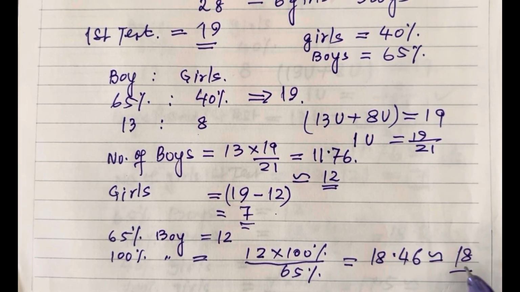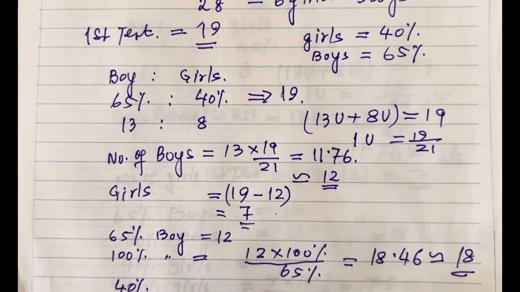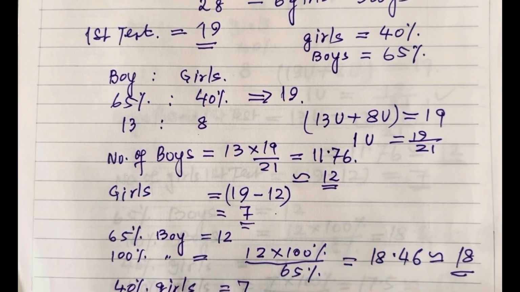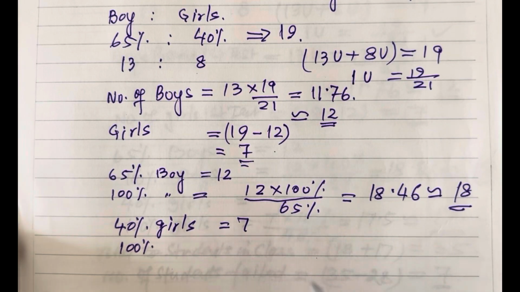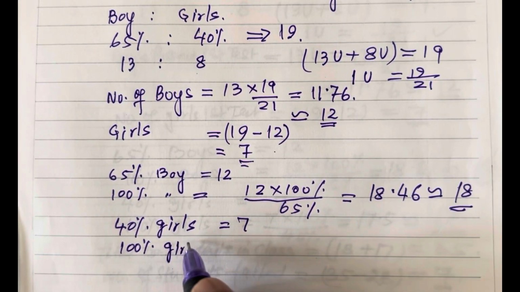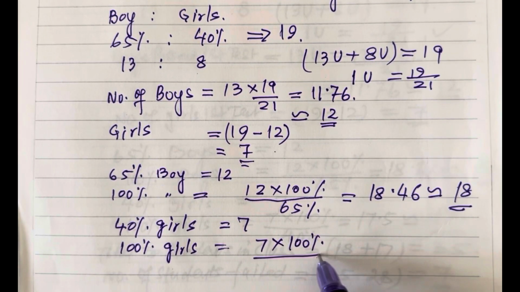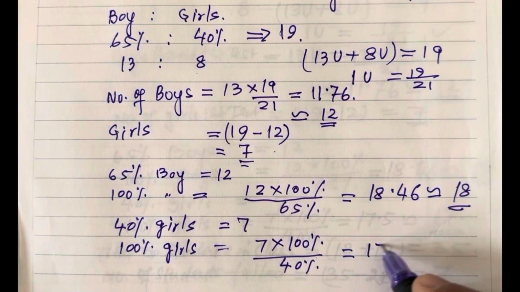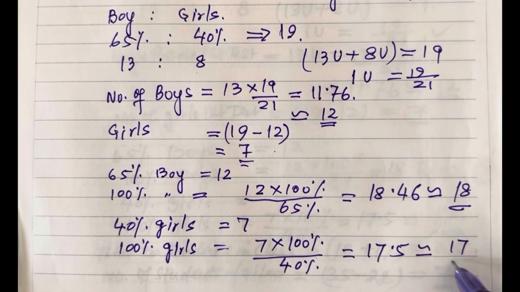So boys in the class are 18, and the girls would be, since 40% girls is equal to 7, so 100% girls will be 7 multiplied by 100% divided by 40%. So this will give us 17.5. So we can take girls as 17.